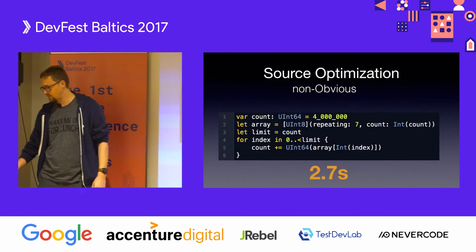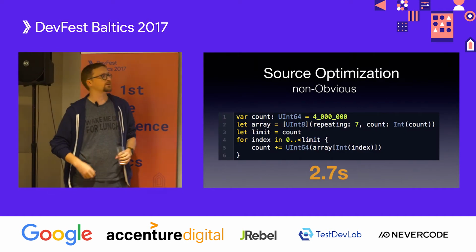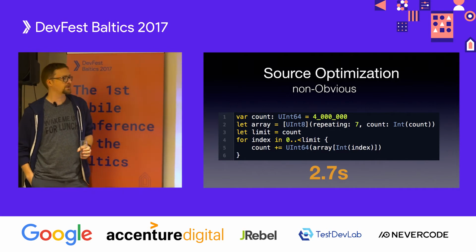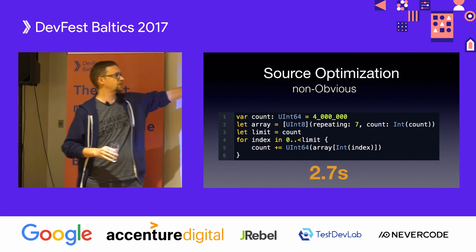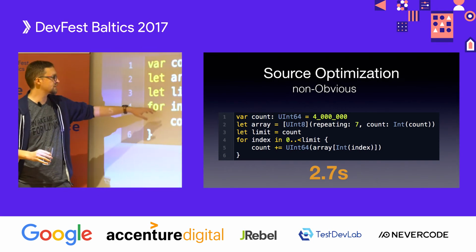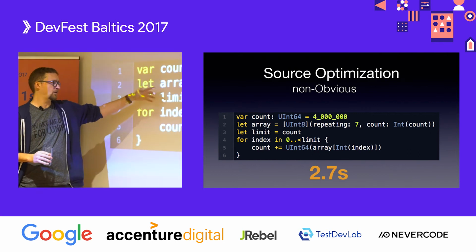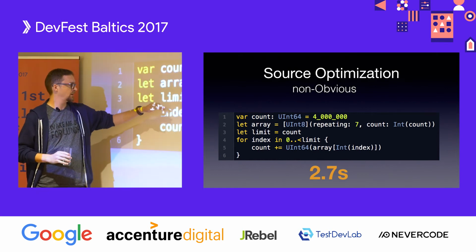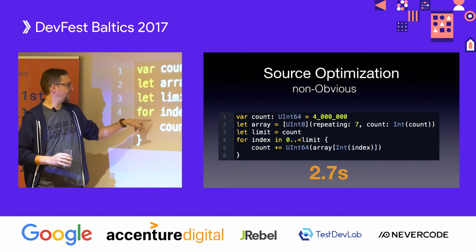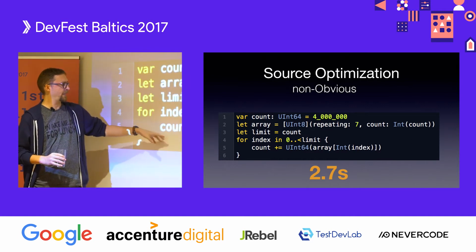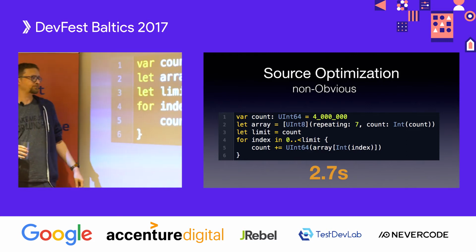Now, I think there's one non-obvious example of optimization. Simple code. There's a counter, an array of 4 million bytes, a limit equal to count, and a loop that adds some value.